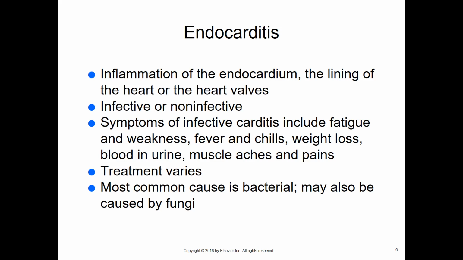Infective endocarditis can develop slowly. It can be subacute or acute. It's going to cause things like fatigue, weakness, fever, chills, night sweats, other types of excessive sweating, weight loss, muscle aches and pains, joint pain. It can cause shortness of breath.